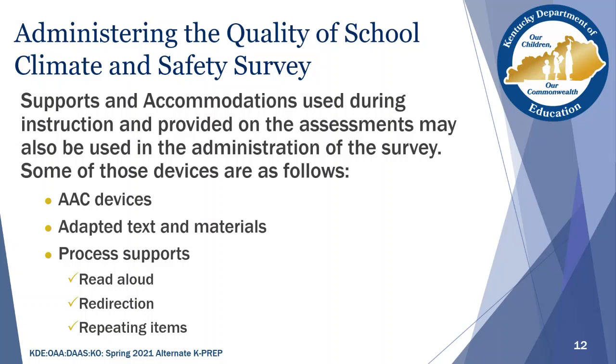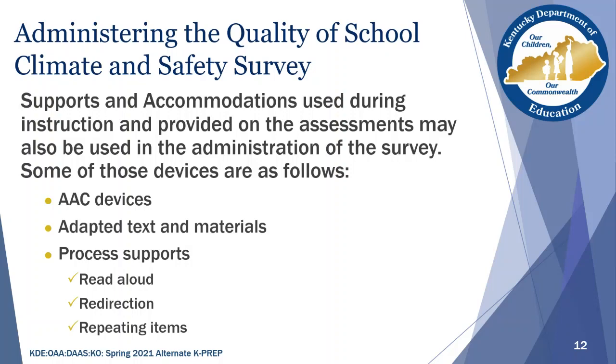Like the attainment task, supports and adaptations are permitted on the survey as long as the intention of the question is maintained with no guidance on how the student should respond. Some examples are shared here on slide 12. However, these are not the only supports that are permitted. Again, I want to emphasize that as long as you're following the same guidance that you would be allowed when administering the attainment task, we are going to allow that on the survey as well.